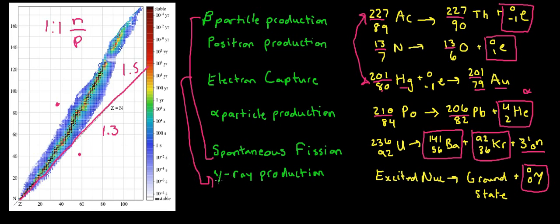Some nuclei can get to an excited nuclear state but not undergo any of these other types of nuclear decay, just emit gamma rays. While these other ones change protons, neutrons to protons, or change in mass number, this does not necessarily have to change the mass number or change a proton to a neutron or vice versa.